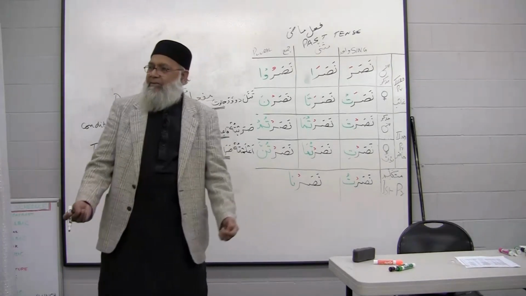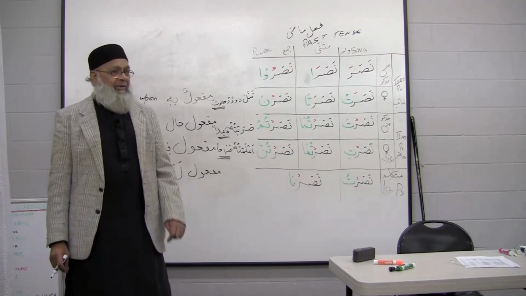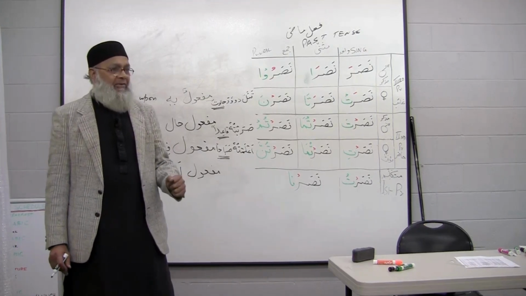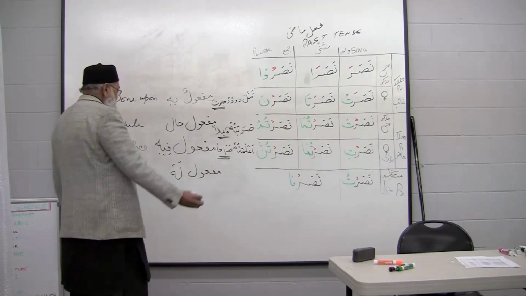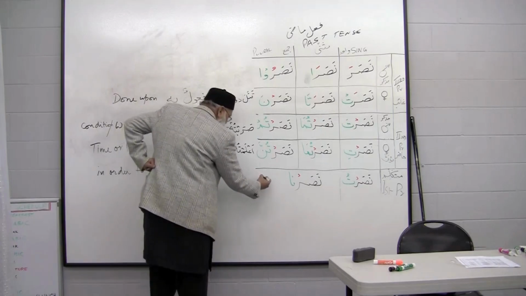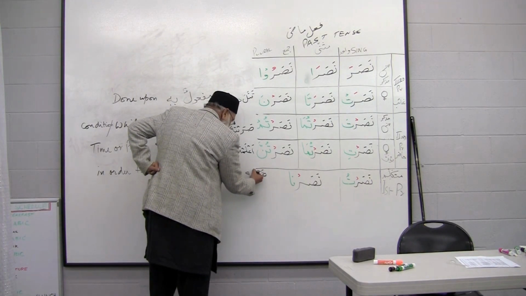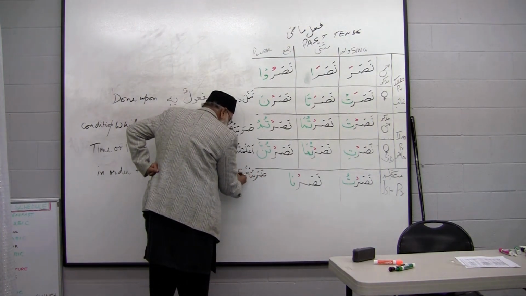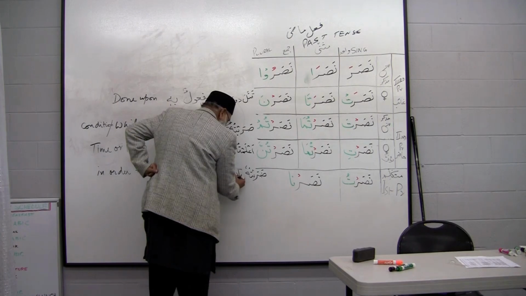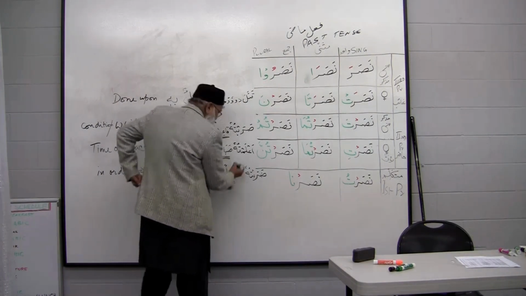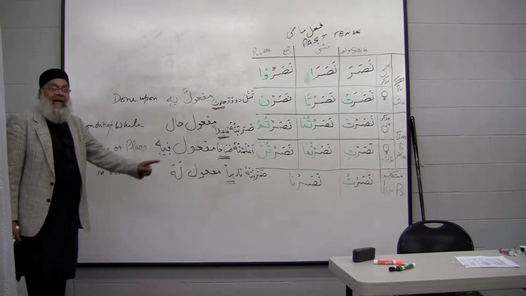Adab is manner. Ta'deeb, to teach manners. Adaba yu'addibu ta'deeban, to teach manners. So what Arab will say? Darabtuhu ta'deeban, in order to teach manners. You know this ta'deeban nasab form is telling that in order to do this.